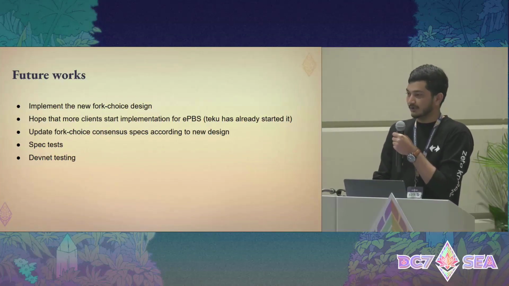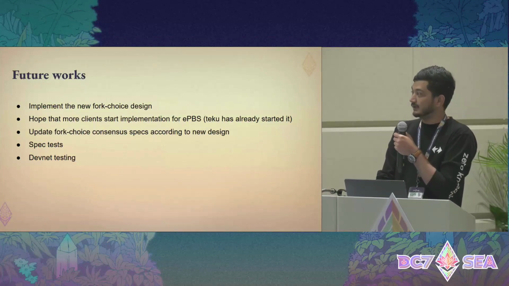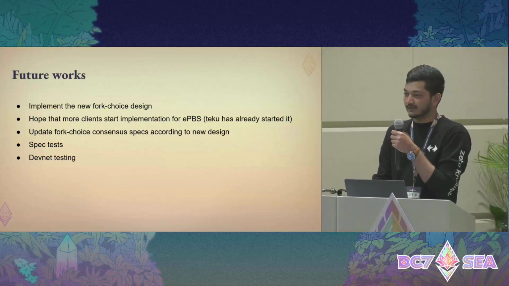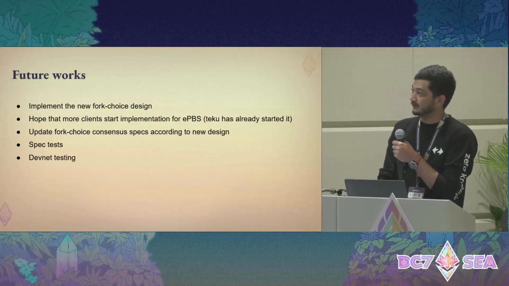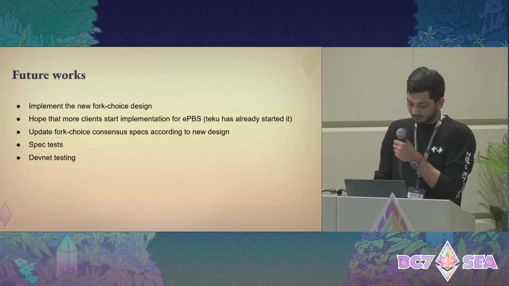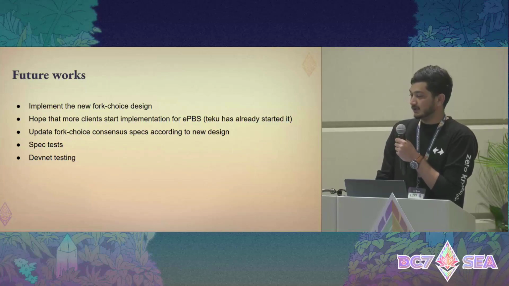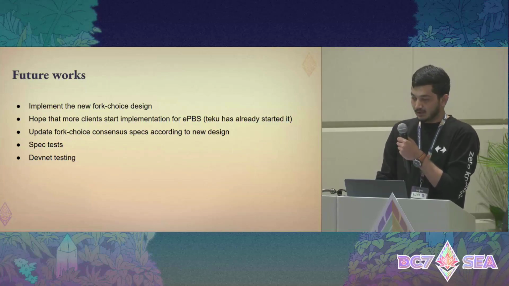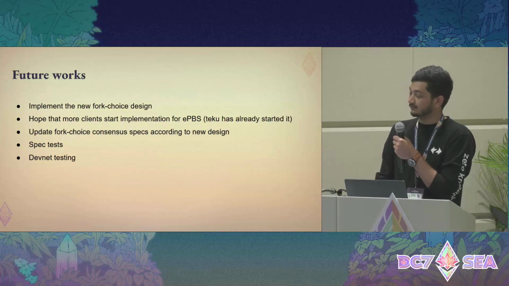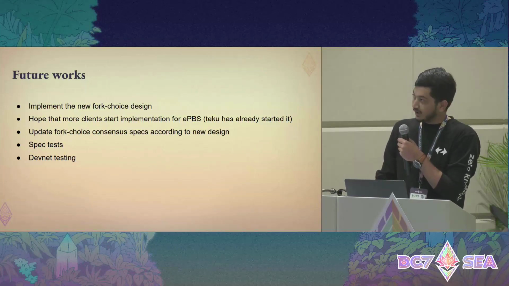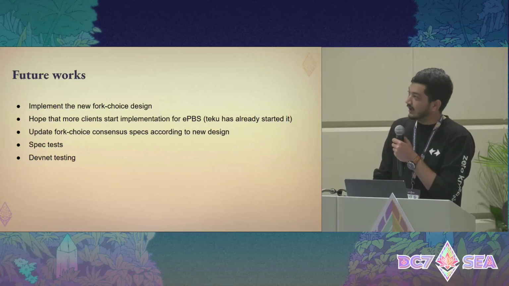I think Teku has already started it, Caleb and I are working on Nimbus, and Potuz and Terence have been working relentlessly on the Prysm side of things. Then we update the fork choice consensus spec according to the new design, do the spec tests, and at last do the DevNet testing.